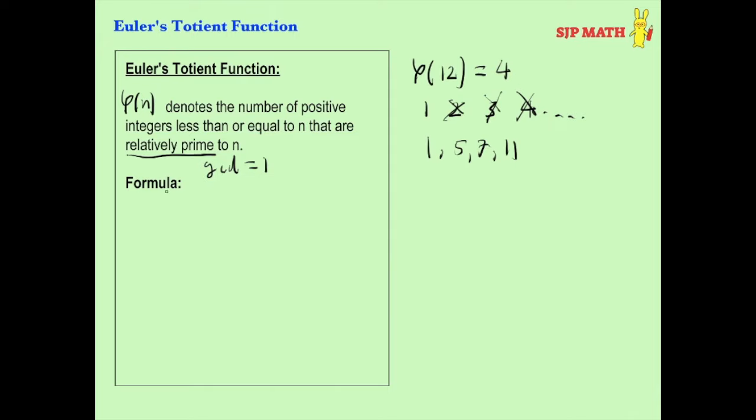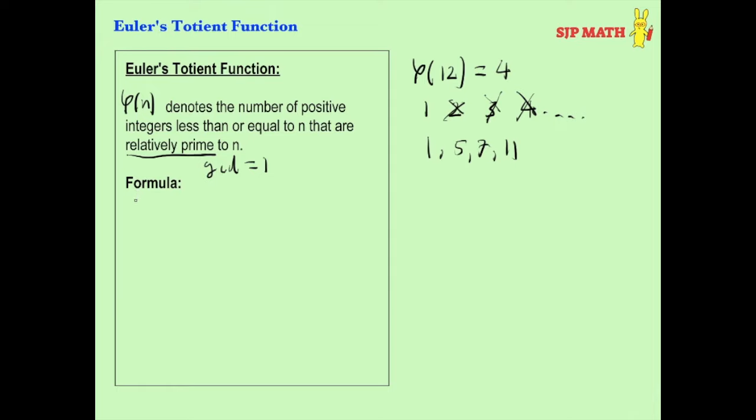So we know what this is now, but if we want to find the totient of a really big number, we don't want to look at every single number from 1 to that number. So we're going to look at the formula for this function that will make computation much easier.